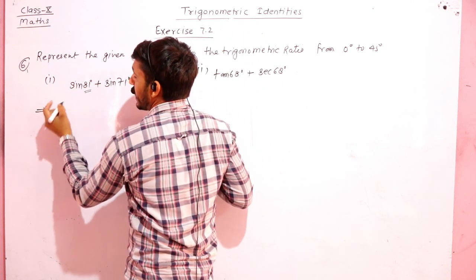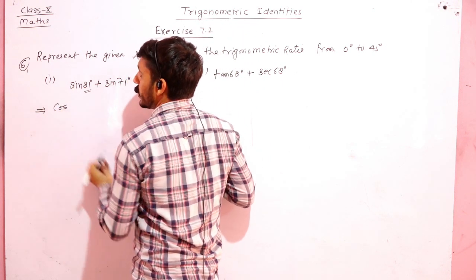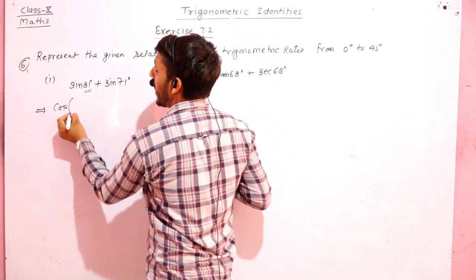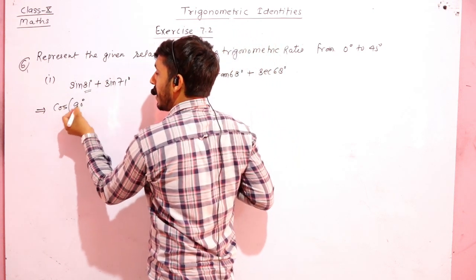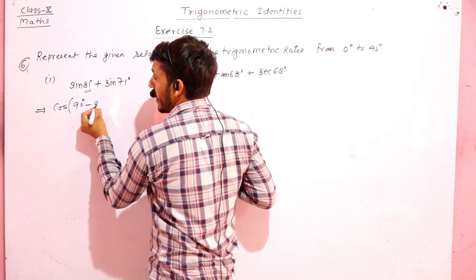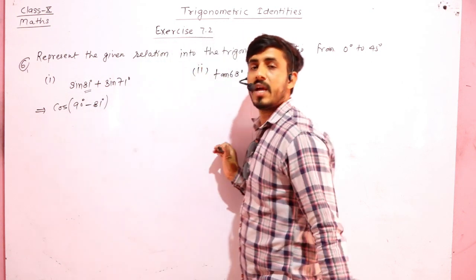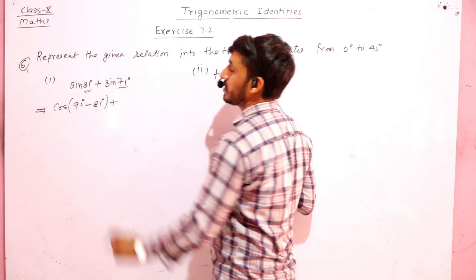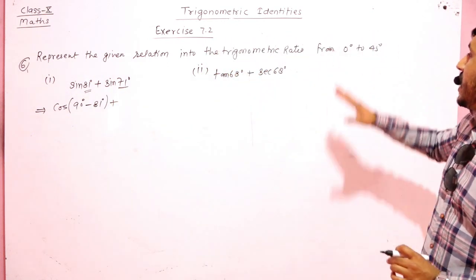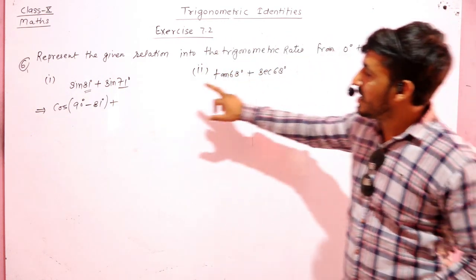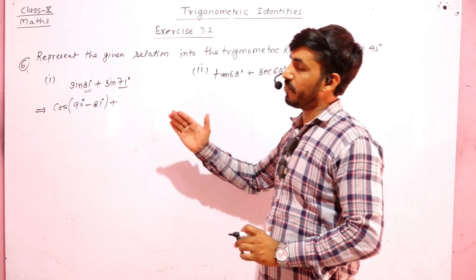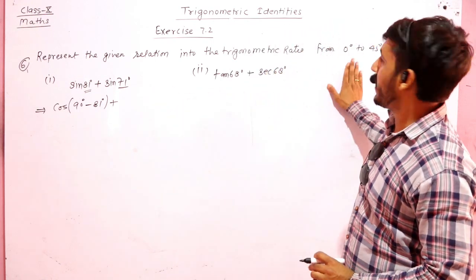As we know, sine can be changed into its helping trigonometric ratio by complementary angles, as we can write cos 90 degree minus 81 degree. Again, this angle is also not coming in this range, so we have to adjust this angle in such a way that the obtained angle will come in this range.